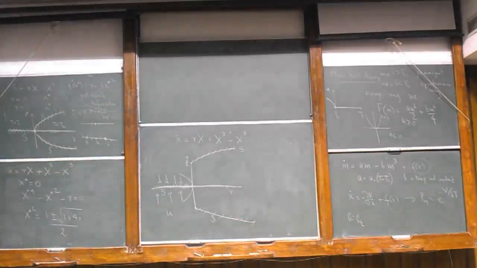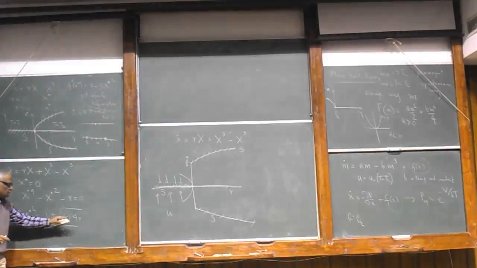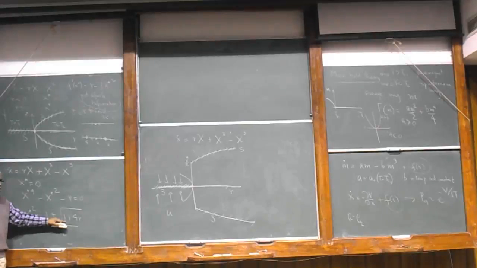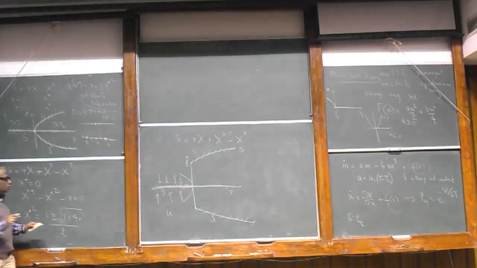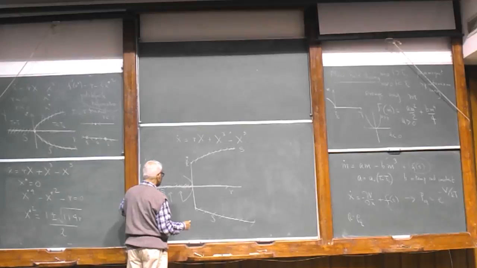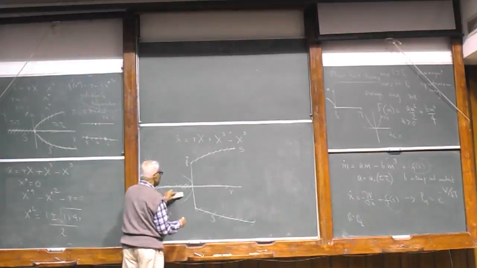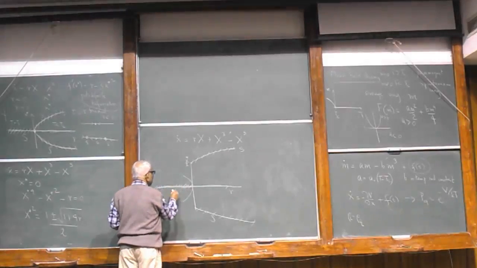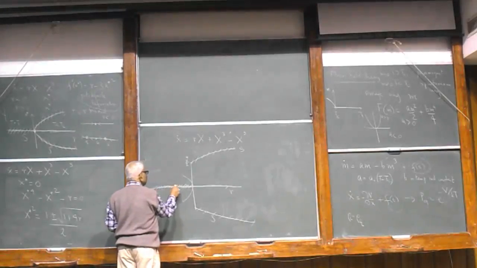Now what if r becomes negative? If r becomes negative, then I can have things going till r equal to -1/4. After r equal to -1/4, this one is totally gone. So I can come up to r equal to -1/4. That's my limit.